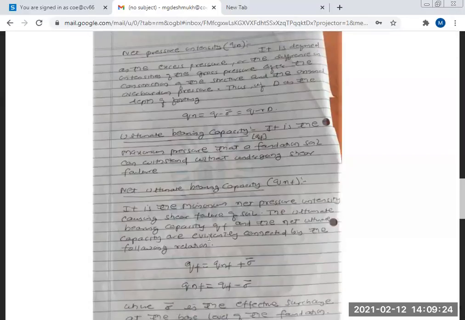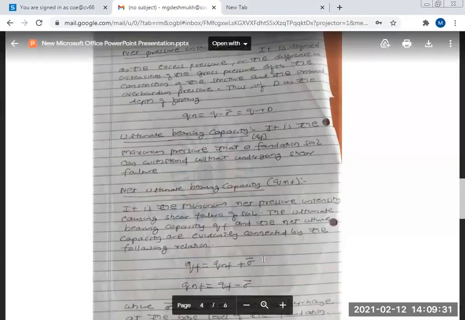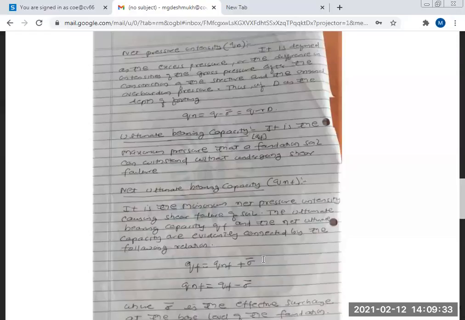The ultimate bearing capacity qf and the net ultimate bearing capacity are evidently connected by the following relation. तो आपको मैं इतना ही बोल सकता हूं कि qf क्या है, अल्टीमेट बेयरिंग कैपेसिटी है. ये मैक्सिमम लोड लेता, the maximum pressure जो भी आता including earth fill is called ultimate bearing capacity, whereas अर्थ फिल को नेग्लेक्ट करके सिर्फ सुपरस्ट्रक्चर और फुटिंग को कंसीडर करके जो टोटल प्रेशर आता मिनिमम, दैट इज कॉल्ड नेट अल्टीमेट बेयरिंग कैपेसिटी.